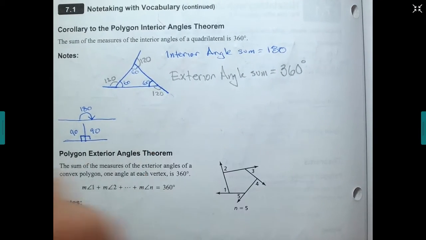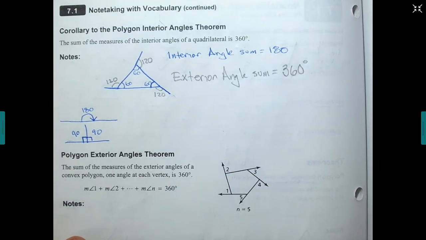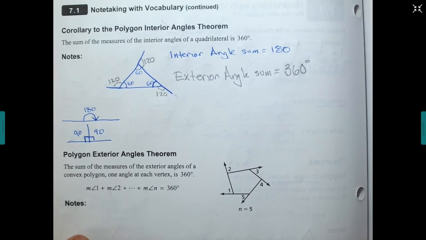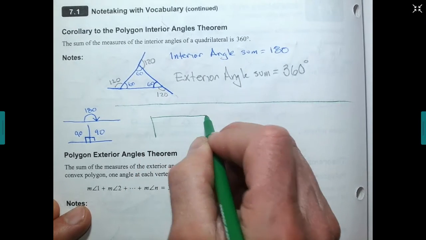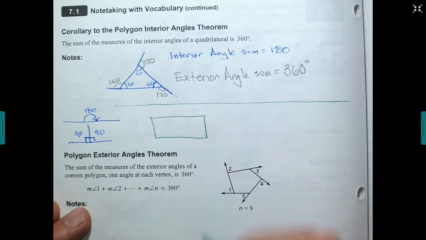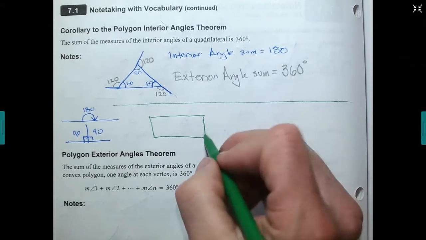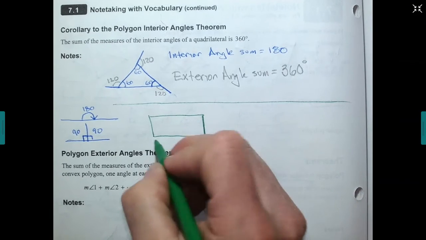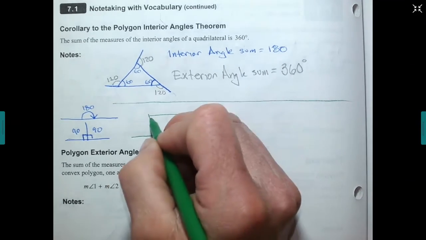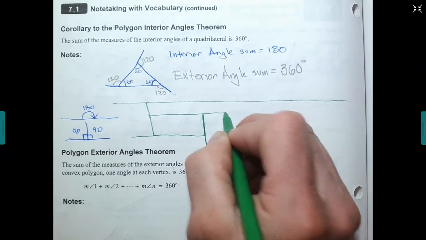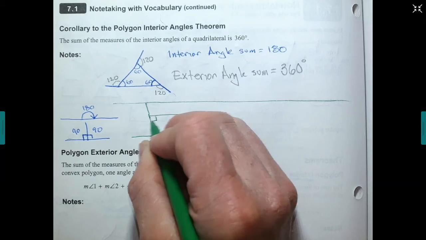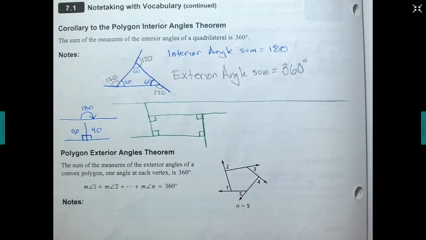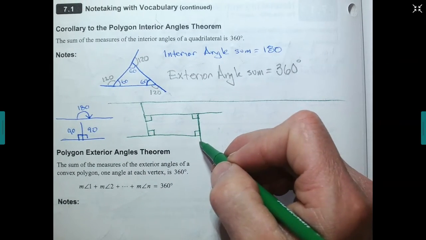Now let's go ahead and take a rectangle. So we have a quadrilateral. Let's extend this down. Let's just say this quadrilateral is 90 degrees on all sides. So if this is 90, what's this angle right here?